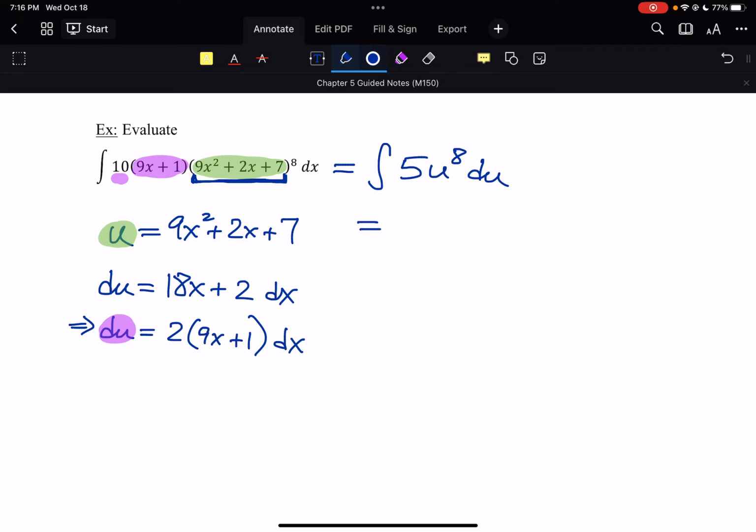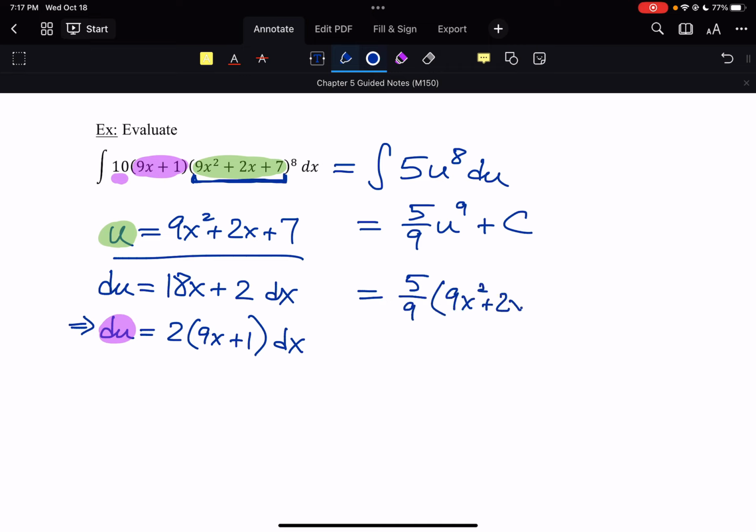And now this antiderivative is just a power function. So we take the antiderivative. This is going to be 5 over 9 times u to the 9th plus c. All right, you add 1 to the power, divide by that same number. And now just replace the u with the substituted function here. So this is 5/9 times 9x squared plus 2x plus 7 to the 9th plus c.